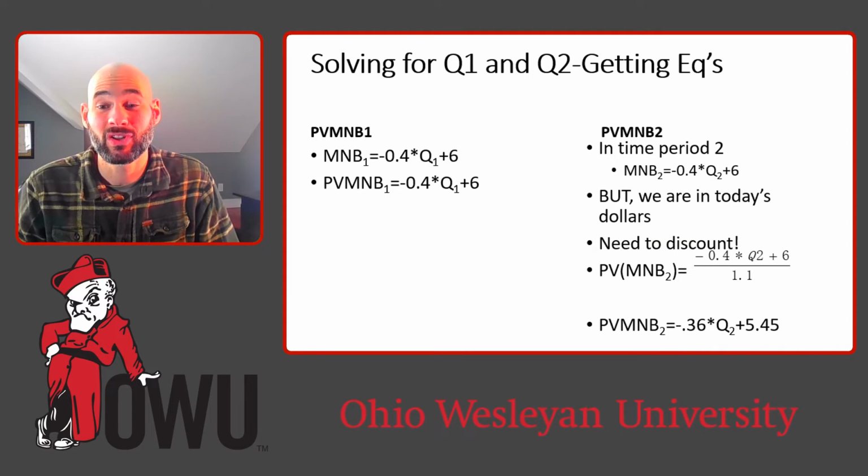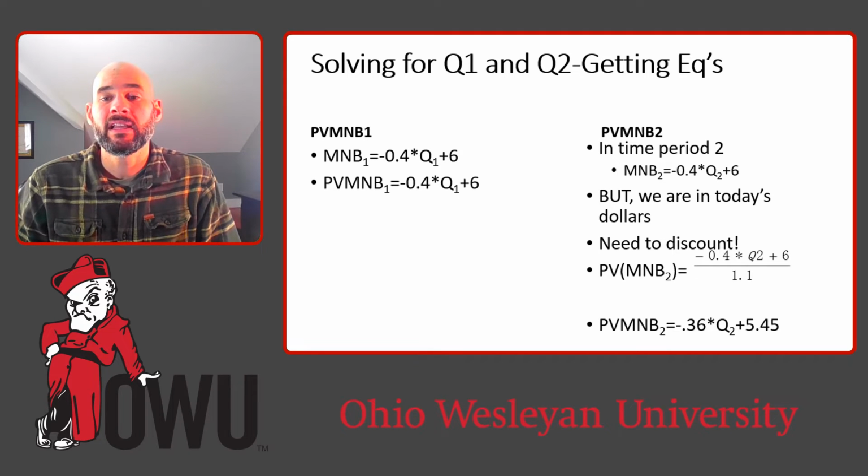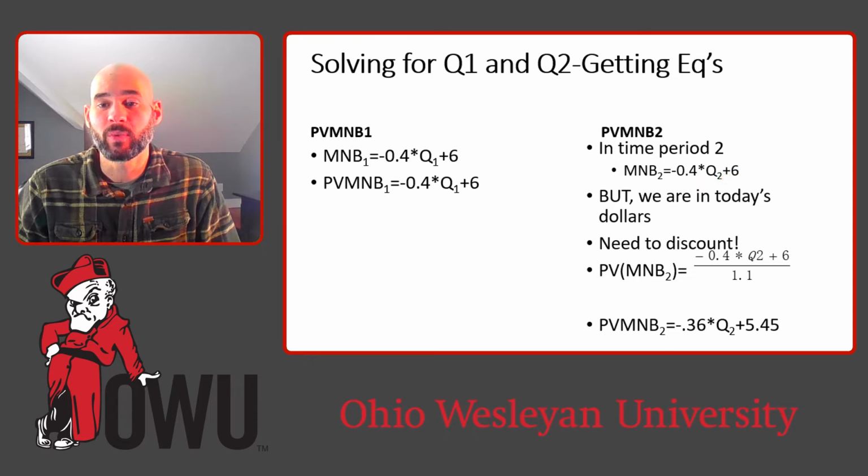So if we were to look at this in equation form, once again, it's pretty straightforward. We have our marginal net benefit. Our price is equal to negative 0.4Q plus 6. And since we're not discounting that, that is the present value of our marginal net benefit curve as well. In period 2, we have our marginal net benefit curve, which is the same as in period 1, but we need to discount it.